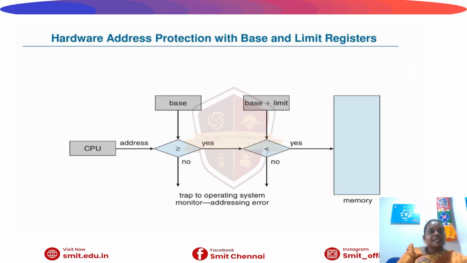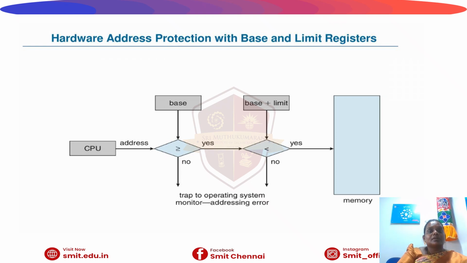For example, if the base register is 3000 and the limit register is 1000, the valid addresses are 3000 to 3999. The hardware first checks the CPU address against the limit. If it is within the limit, it adds the base register and goes to the physical address. If the address exceeds the limit, a trap error occurs.